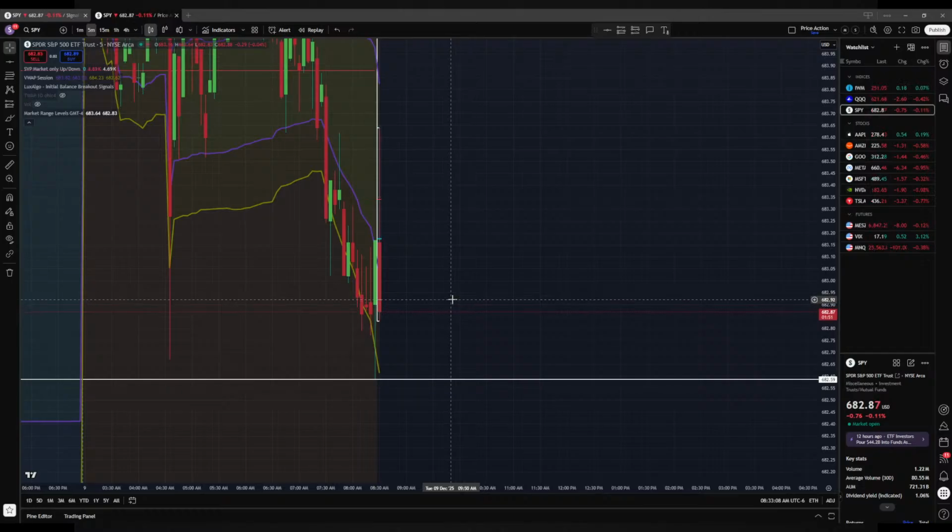Let's see if we can get a close below VAL on this opening 5-minute candle. Which could put me in my first trade of the day. We've got a minute left on this 5-minute candle.